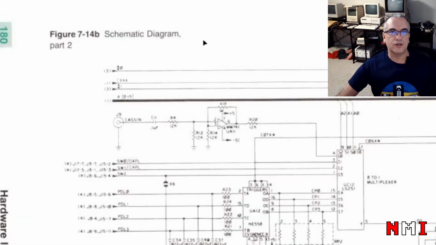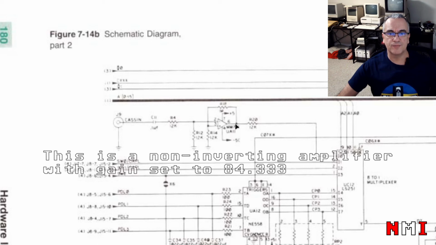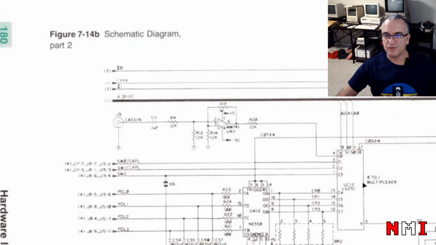If we look here at the Apple IIe reference manual, we can see the cassette in interface. So we have a small filter here and an amplifier using the well-known 741, and that feeds into this multiplexer on bit 0 of this multiplexer.